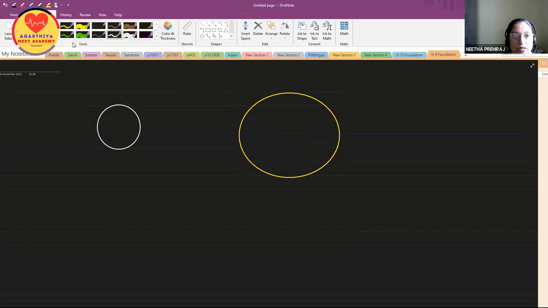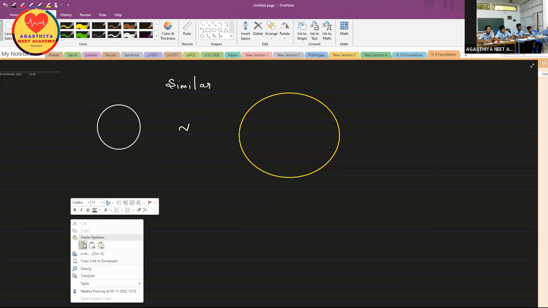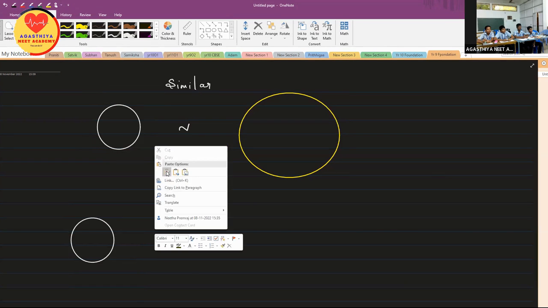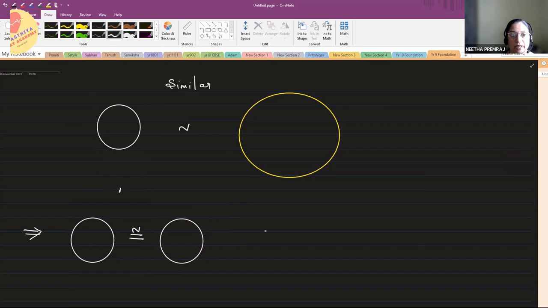These kind of figures are called similar, which you will be studying in 10th standard. But if you see these two figures, they look exactly alike, the measure and size, everything. So these kind of figures are called congruent.